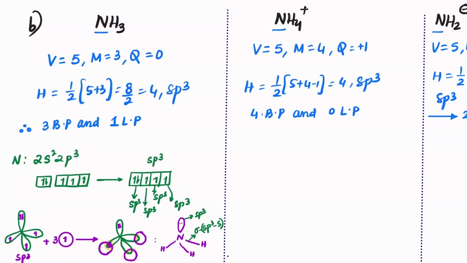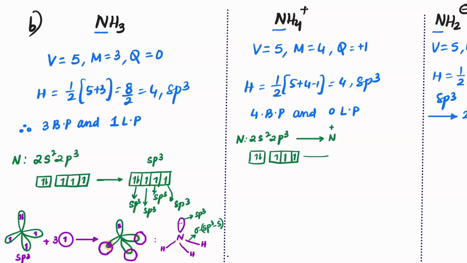Now, when it comes to NH4 plus, there are four bond pairs. So you can see nitrogen's configuration is 2s2, 2p3. Which means we have two electrons here and three electrons here. But the charge here is N plus, which means it has lost one electron.